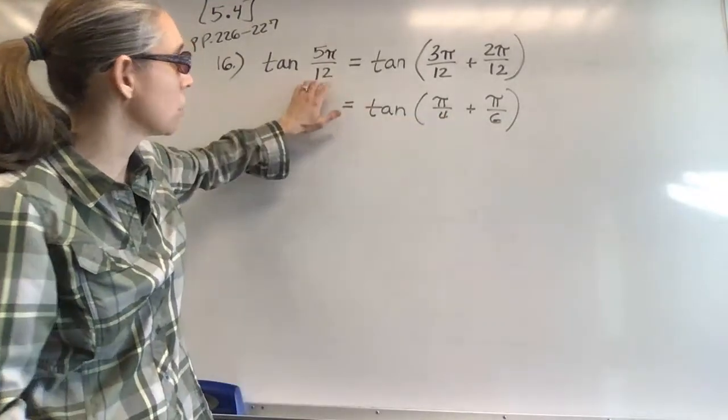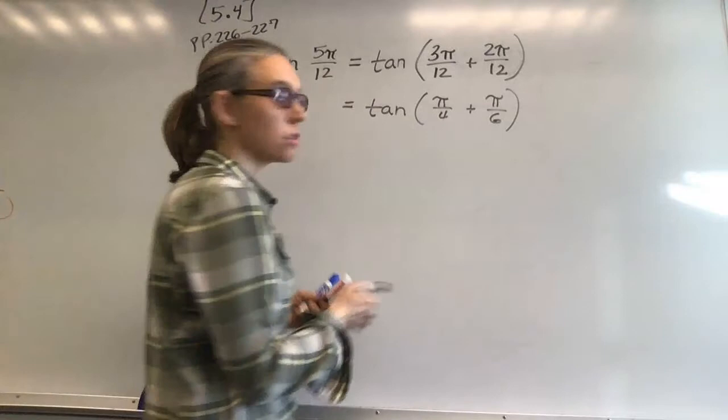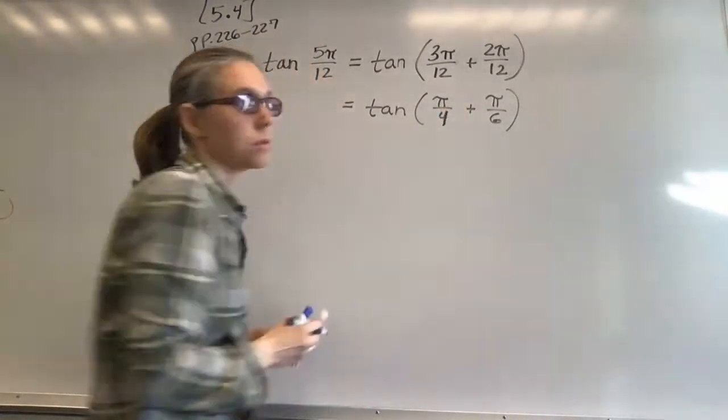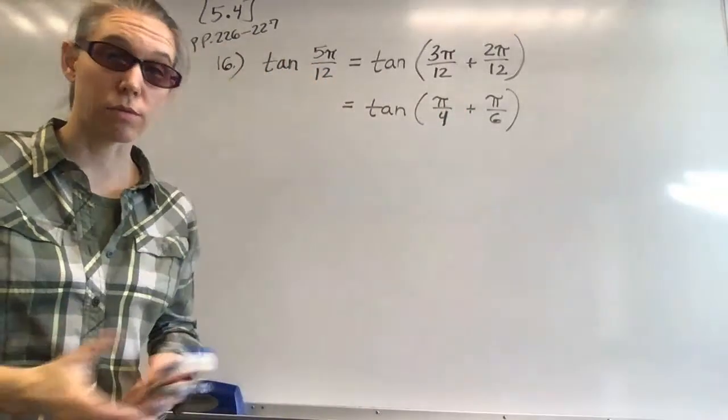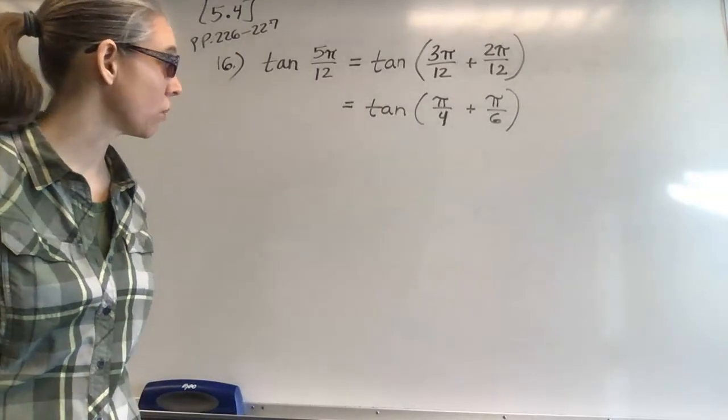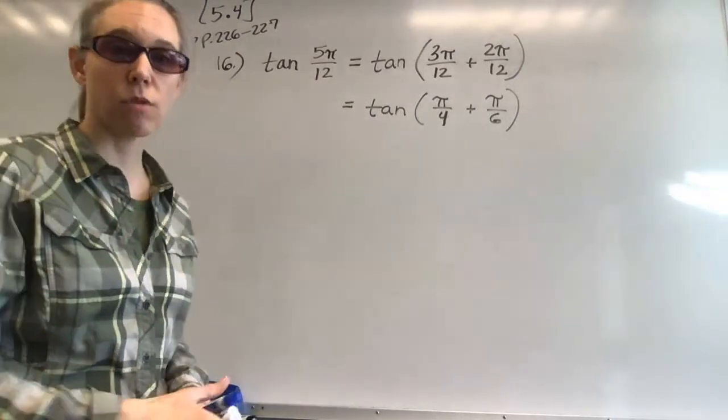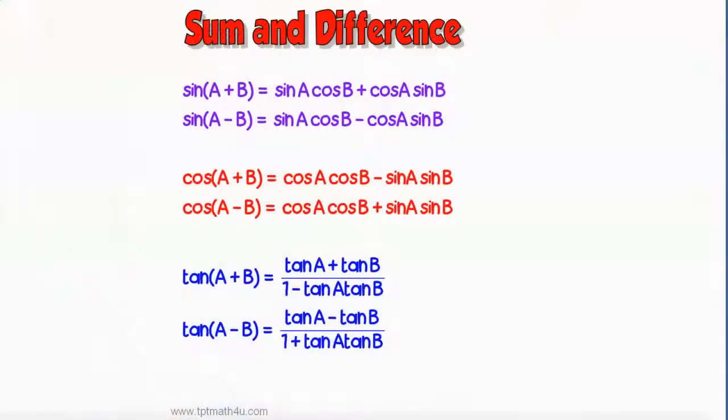That's just reducing those values to these values. So it's helpful to learn to think of all the values on the unit circle in terms of the denominator 12, equivalent fractions for each of those. The tangent sum formula is tan of A plus B. Here in the numerator, tan A plus tan B. This sign right here is going to match this sign.